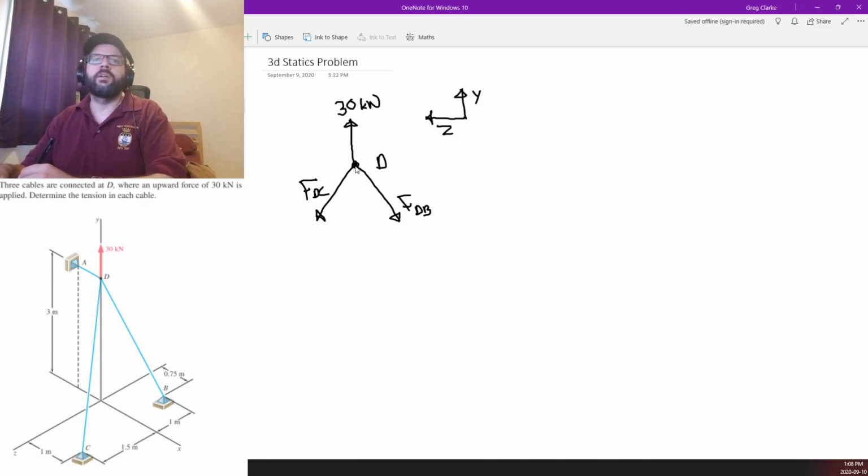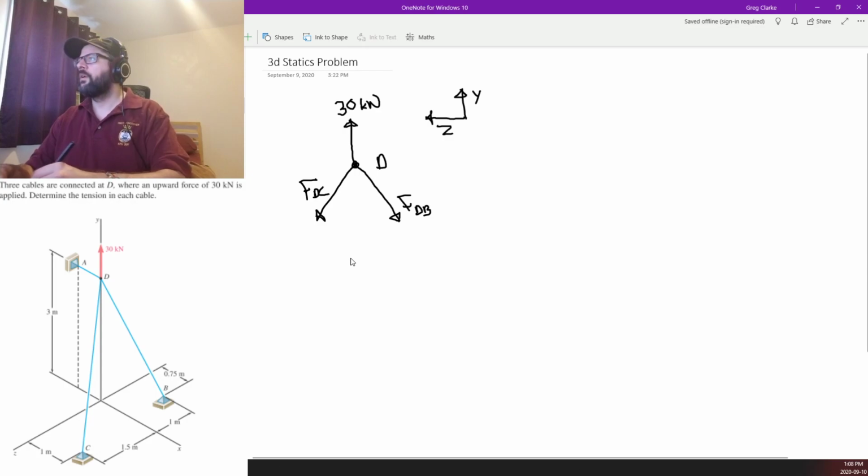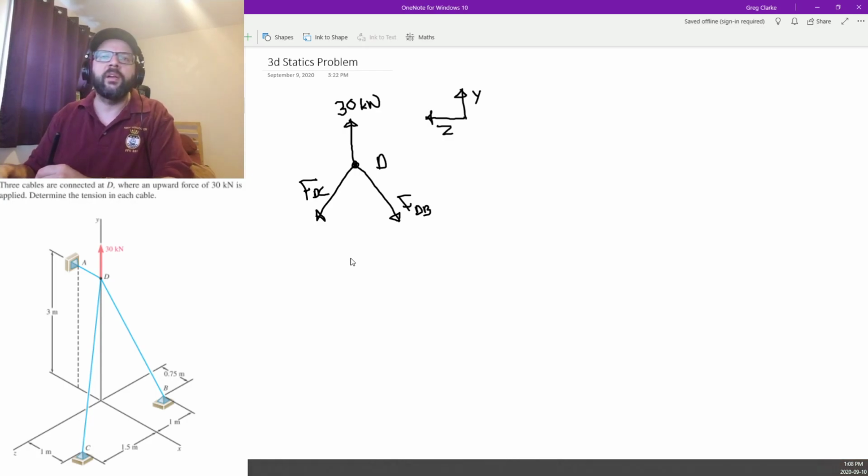So let's draw the second free body diagram while we're at it, to get a better idea of what we're looking at here.